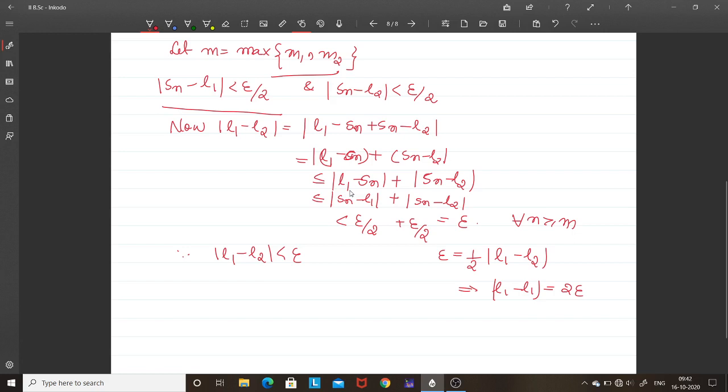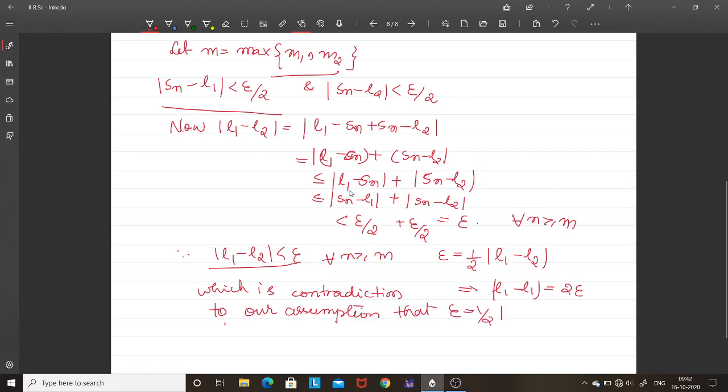We got mod L1 minus L2 is less than epsilon for all n greater than or equal to m, which is a contradiction to our assumption that epsilon is equal to half into mod L1 minus L2.